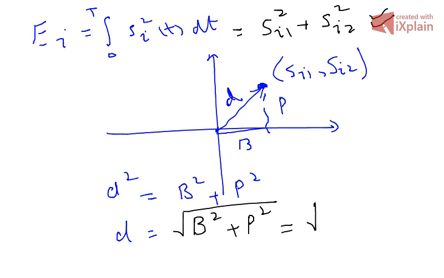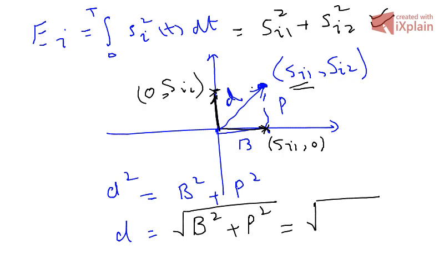Which is actually the square root of the base squared plus the perpendicular squared. So here, if you observe, your base is this one, s_i1, right? This point is (s_i1, 0), and this point is (0, s_i2). So this is your perpendicular, this is the base. Your base is s_i1 and the perpendicular is s_i2.